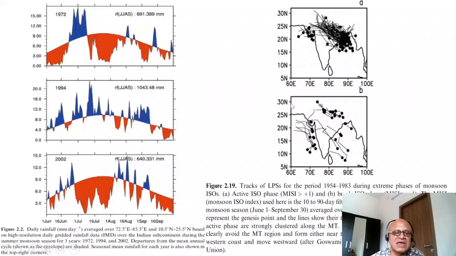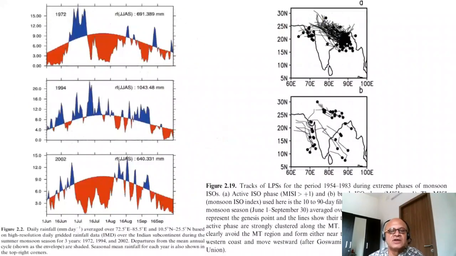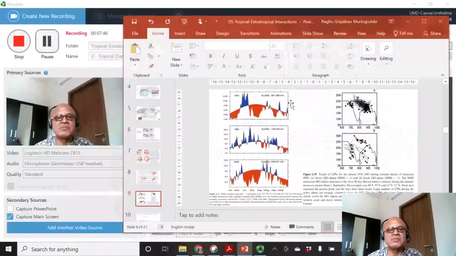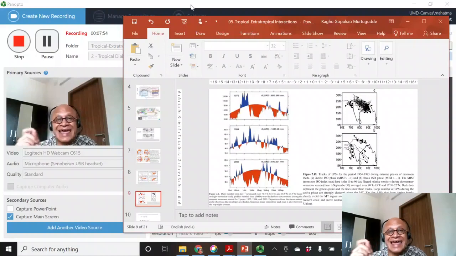So this is another good example of how tropical diabatic heating propagates energy into the subtropics and modifies the monsoon variability at critical time scales of active break period, which are very important for the crop calendar.